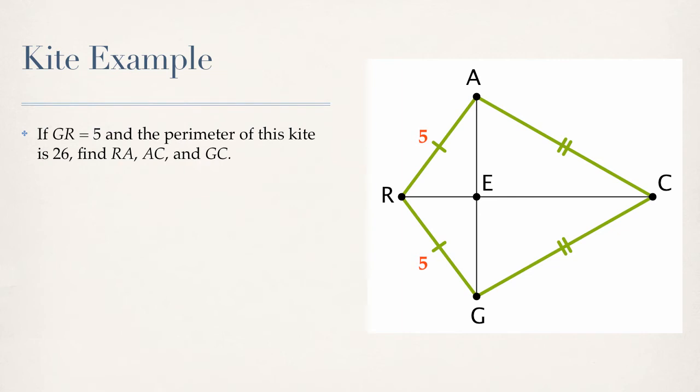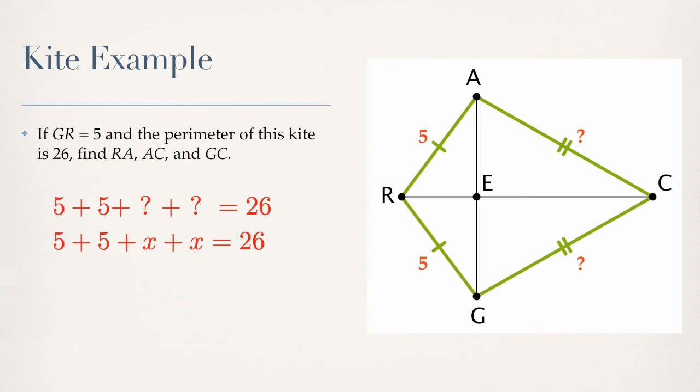Now to find AC and GC, we know that those two segments are congruent. And so if we set up 5 plus 2 unknowns, we could rewrite that as 5 plus x, which means x must be 8. And so AC is equal to 8, and GC is also equal to 8.